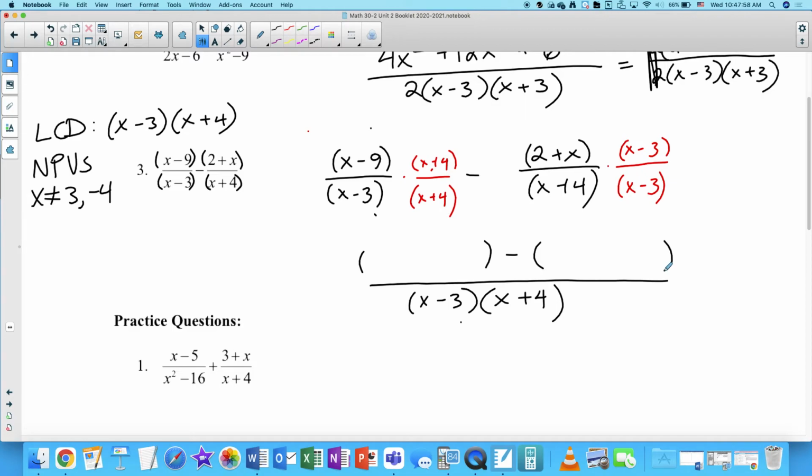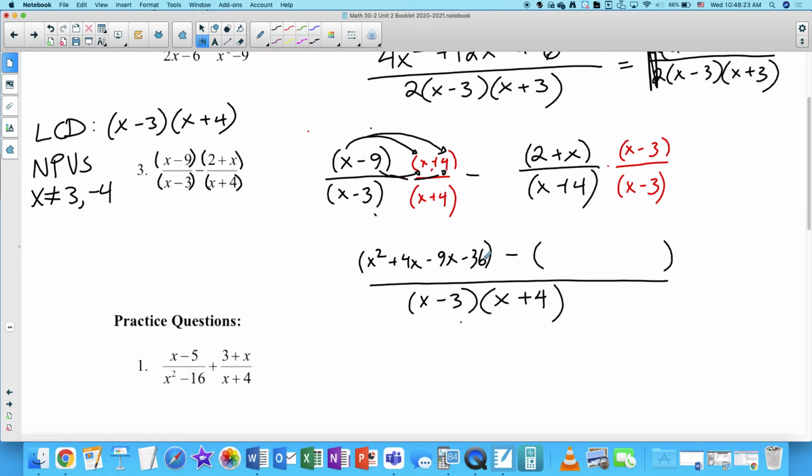Okay, so let's apply our distributive property to expand this out. We're going to have x times x is x squared, and then x times 4 is plus 4x minus 9x, and then minus 36. Okay?